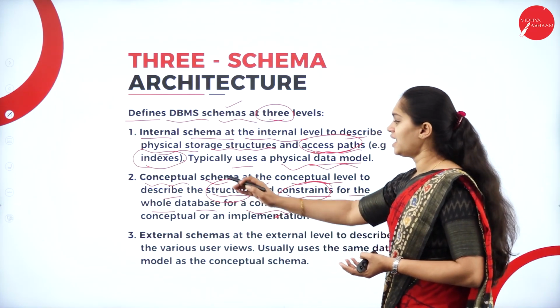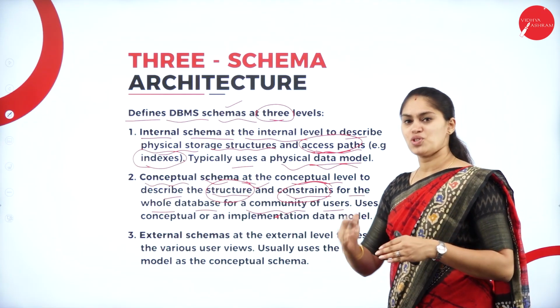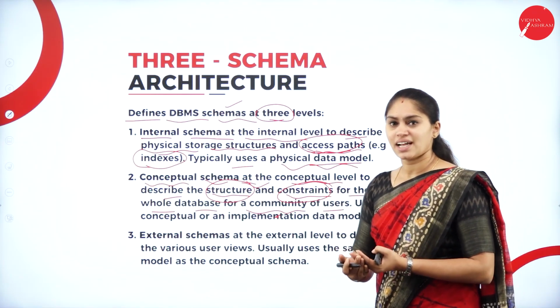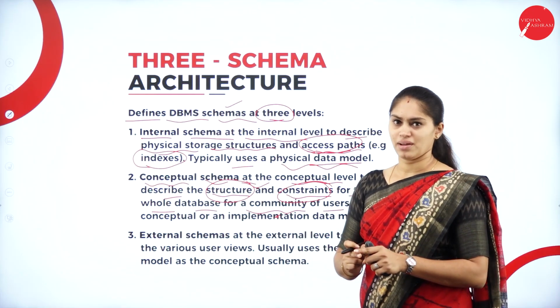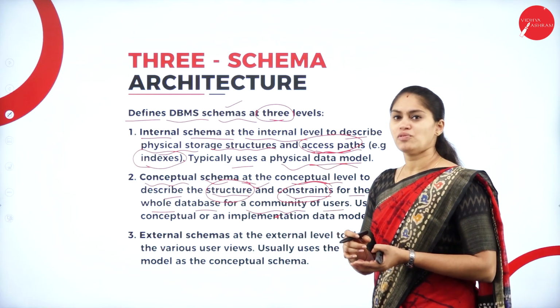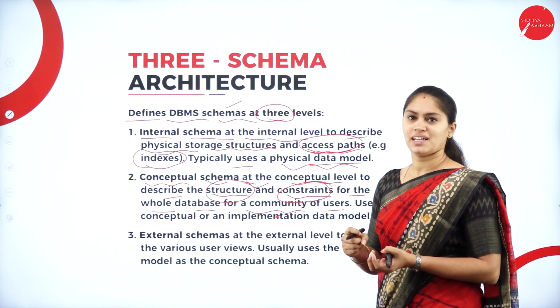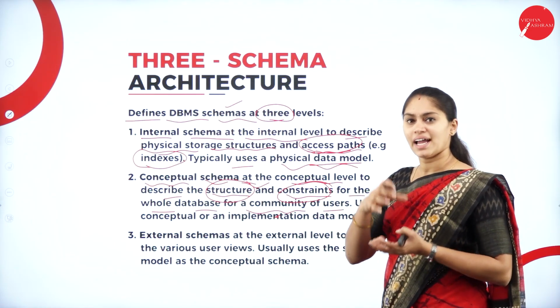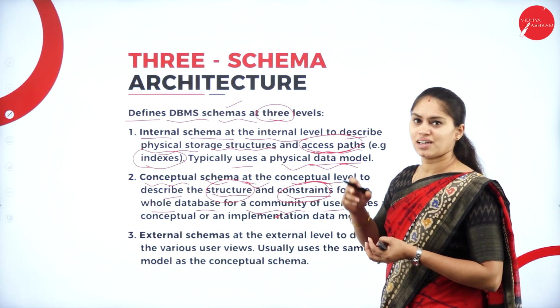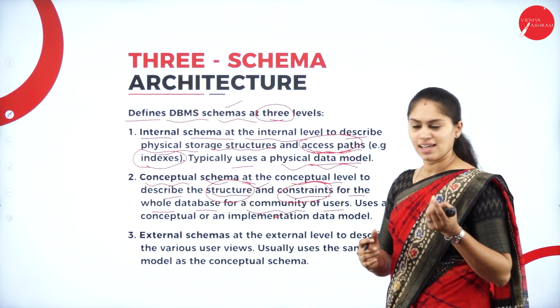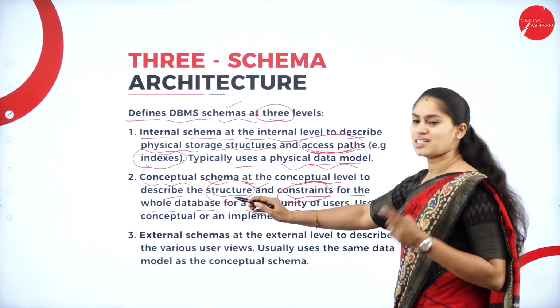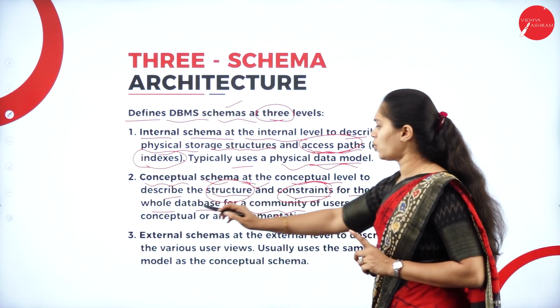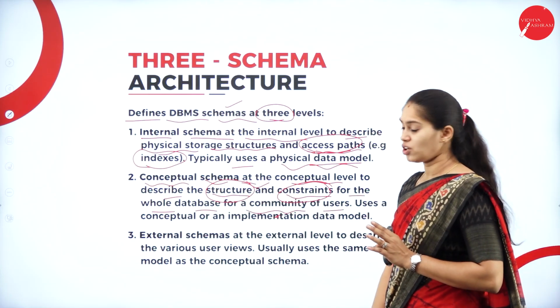In the conceptual schema at the conceptual level, it describes the structure of a DBMS. Then only, with the help of the access path, I can access the data. As per my schemas and constraints, I can retrieve the data and make it reach the external level. So this describes the structure and constraints for the whole database for a community of end users.